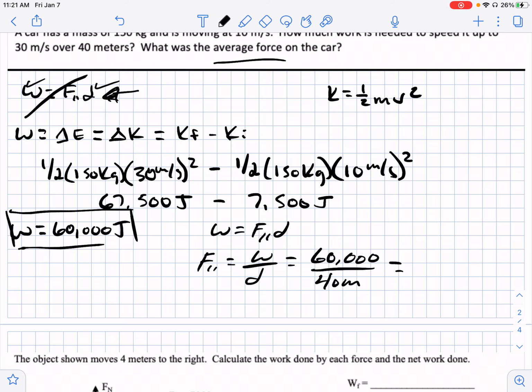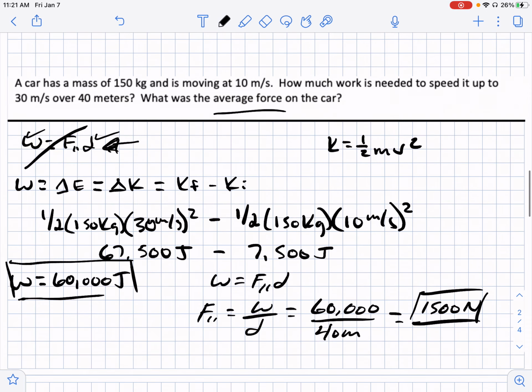And when you punch that in, you should get 1500, and it's force, so it's newtons. So that's whenever we have a constant force, using the equation work is equal to force times distance.